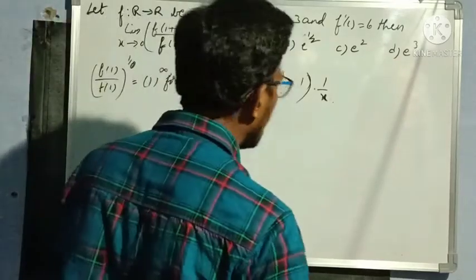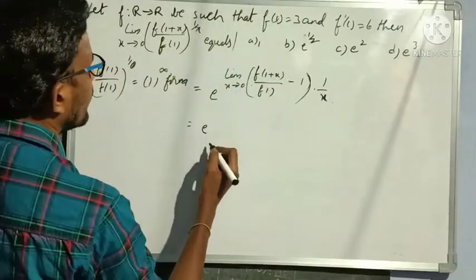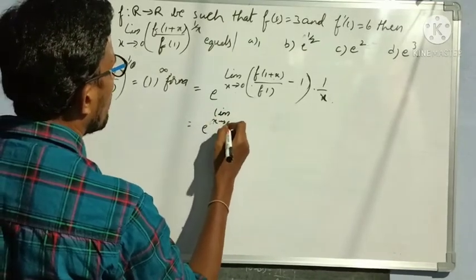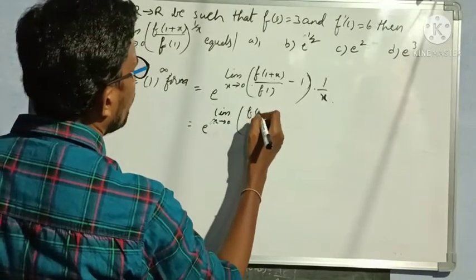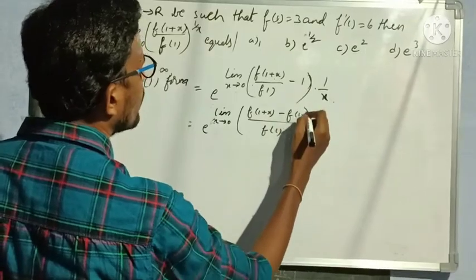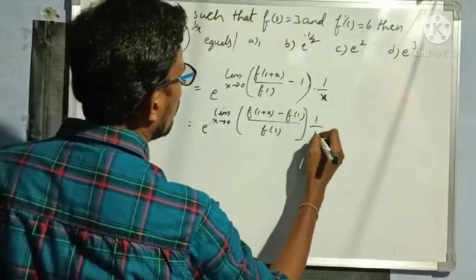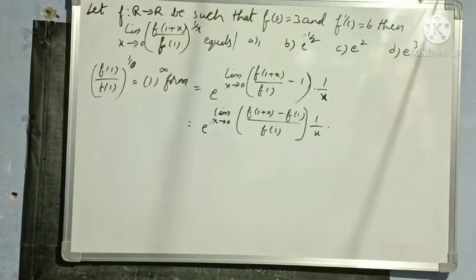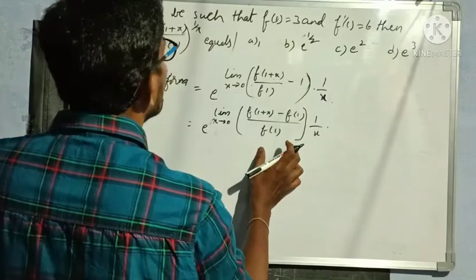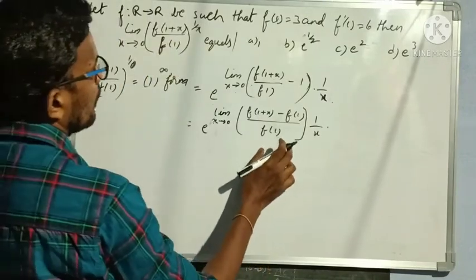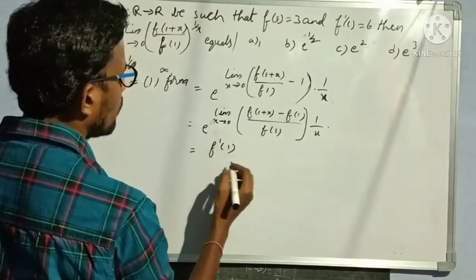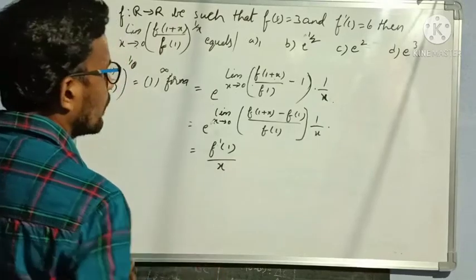Now if I take the LCM here, so this one I can write as e power limit x tends to 0, f of 1 plus x minus f of 1 by f of 1 into 1 by x. Okay, so anyhow we know that this value is f dash 1, correct? Yes, so that is equal to f dash 1 by x.